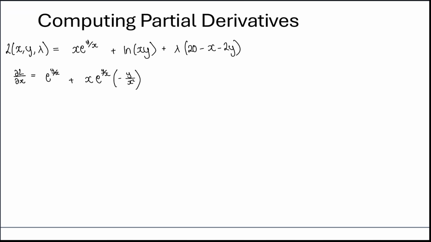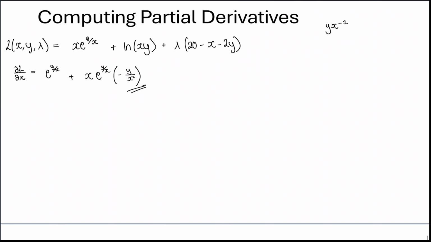In order to differentiate this, we're just doing y times x to the power of minus 1, ignoring the y, keeping it as a constant, and differentiating x. And so we get this. If we now differentiate this, we will get just 1 over x, and then differentiating this x will just leave behind minus lambda.